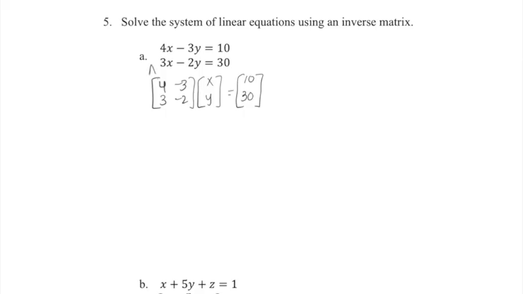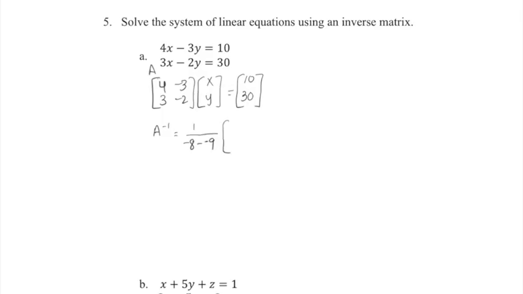So if I'm going to call this matrix A, then the inverse of A is 1 divided by A times D, so that's negative 8, minus B times C, so that's negative 9.